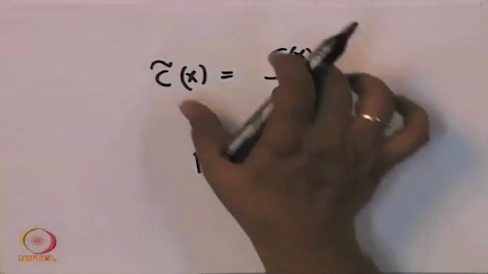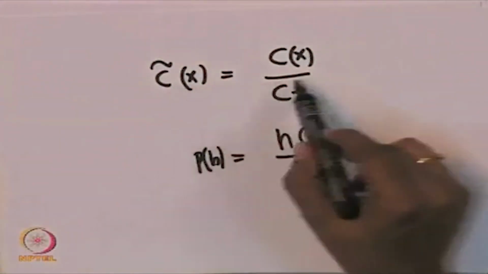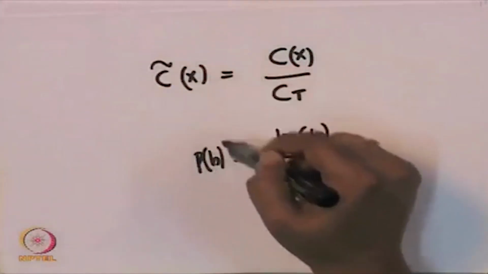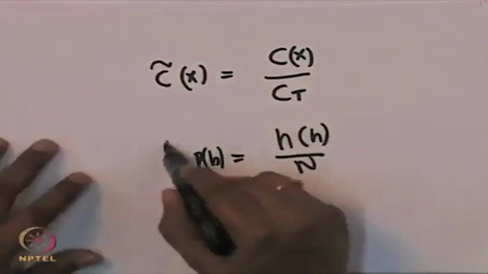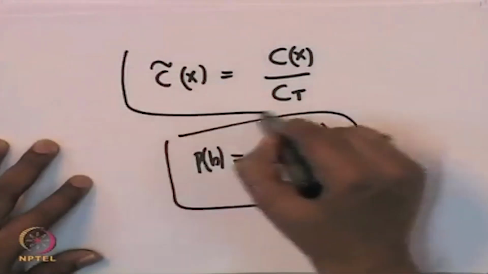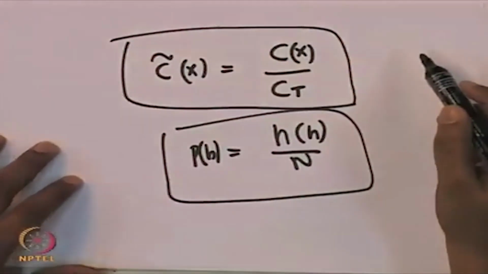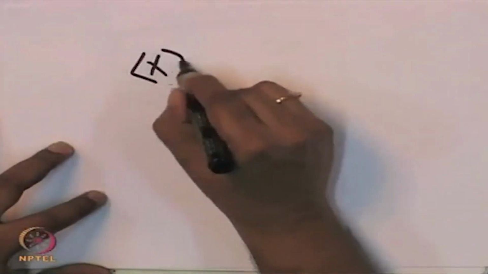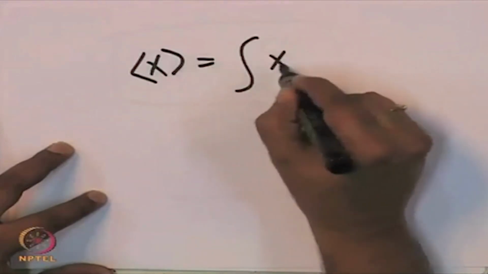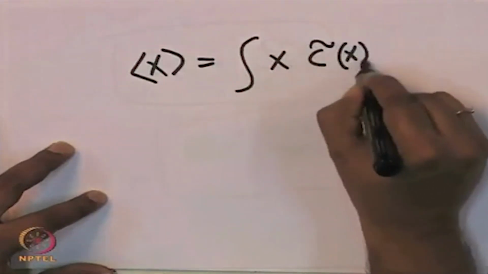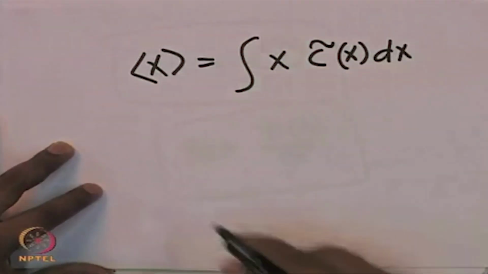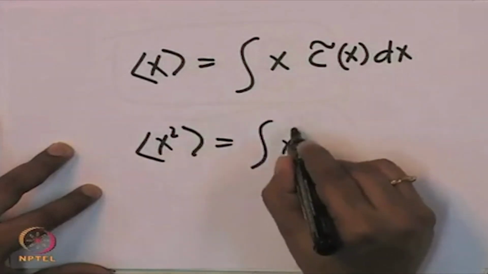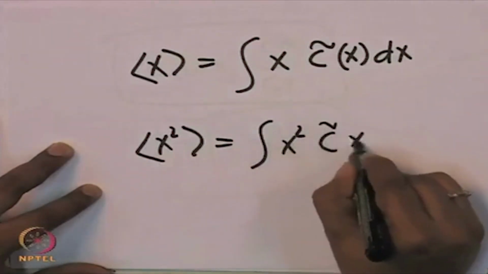This is exactly the same way we had defined concentration. So, this appeared like a probability, and we had defined x average as the integral of x C tilde of x dx and x square average as the integral of x square C tilde of x dx.